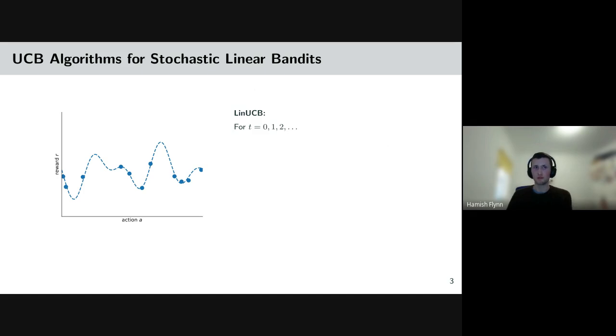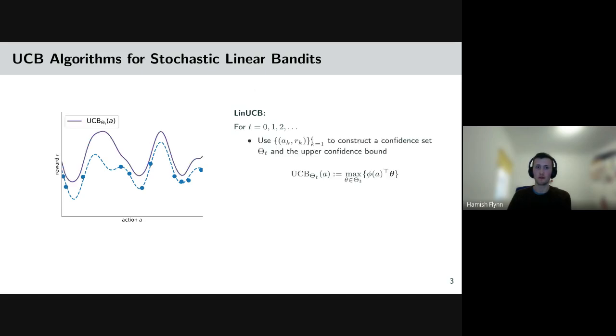So if we can construct confidence sets, then we can run so-called upper confidence bound algorithms. I'll call this general recipe LinUCB. Suppose at the start of round t, the algorithm has already chosen this sequence of actions and observed these noisy rewards.